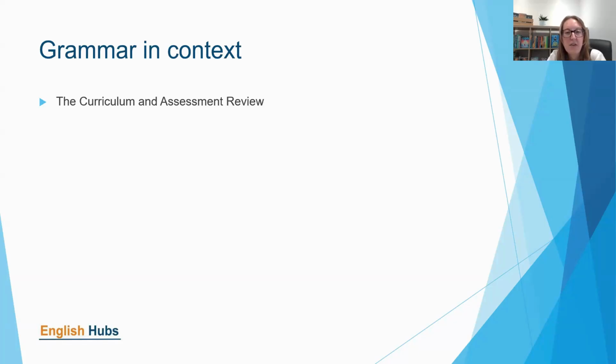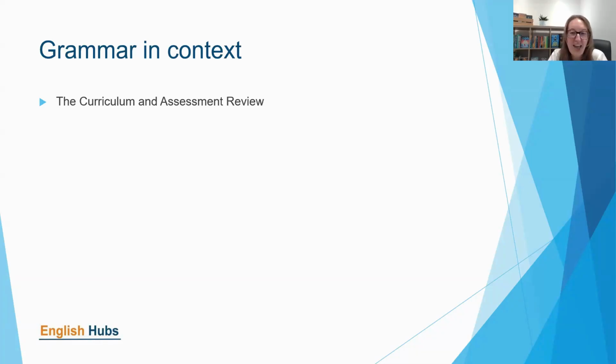In addition, the STA, the Standards and Testing Agency, will review the grammar, punctuation and spelling assessment to address these concerns. The revised programmes of study will clarify any changes to the grammar and terminology to be taught in Key Stages 1 and 2. Just note that until the revised curriculum is in place, the current National Curriculum and Assessment Framework remain.